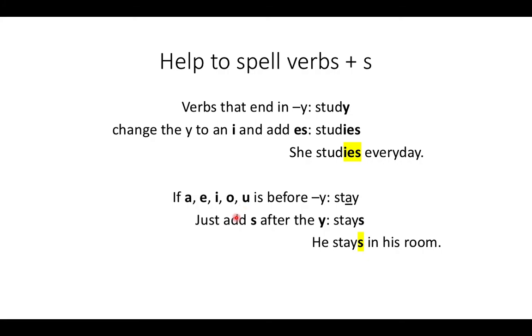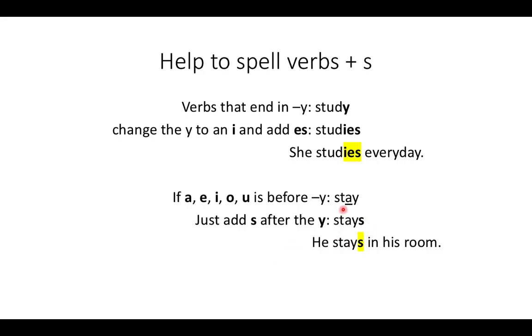Now, if it's A, E, I, O, U, if any of these letters come before the Y in a verb, so for example, in the word stay, there's an A in front of the Y, you just have to add an S. That's all you have to do at the end of the verb.